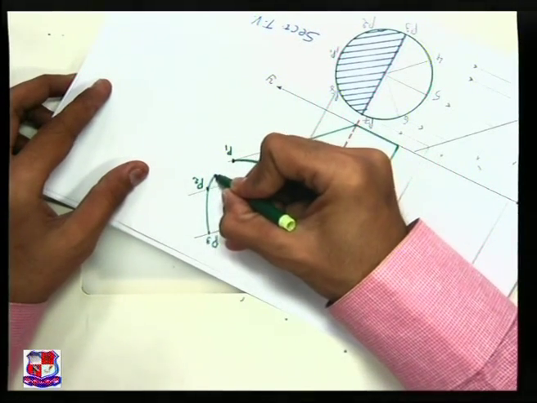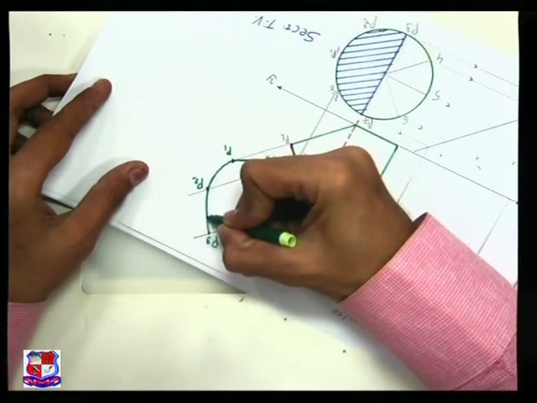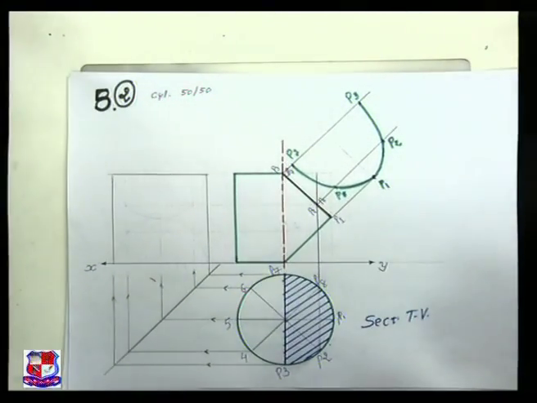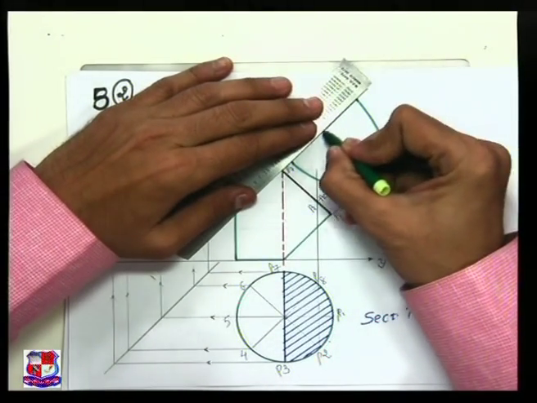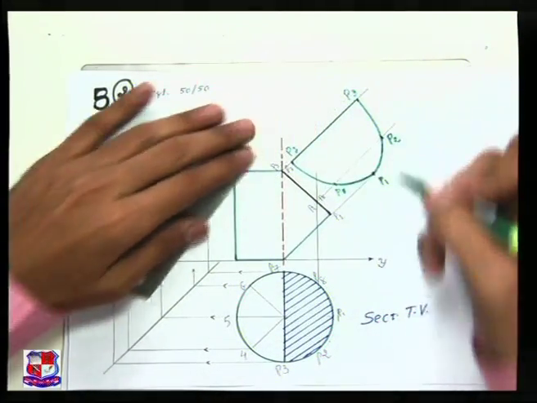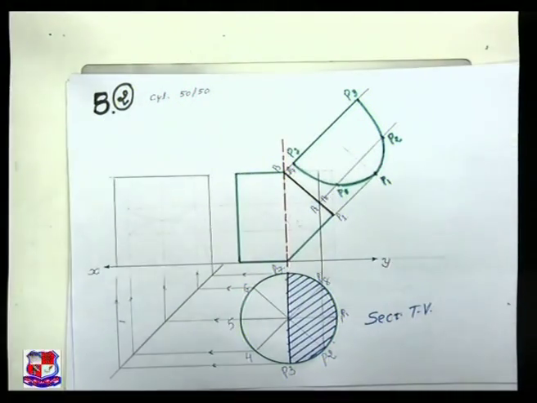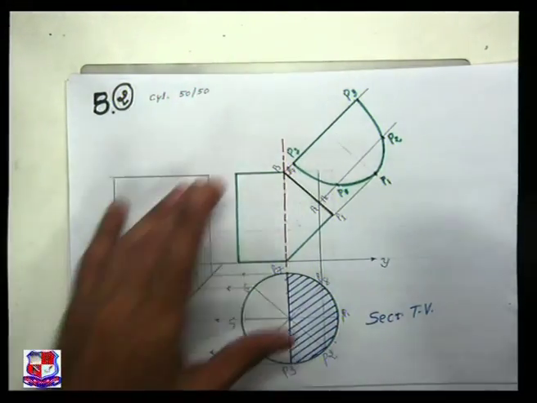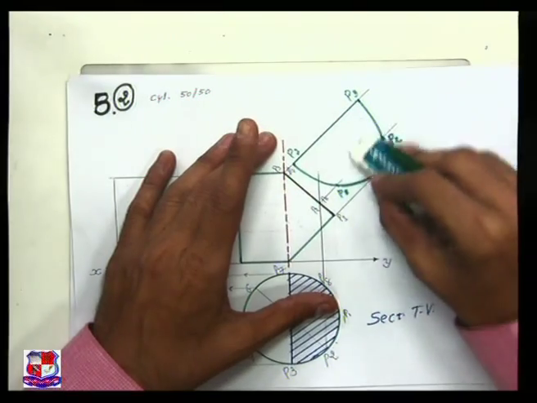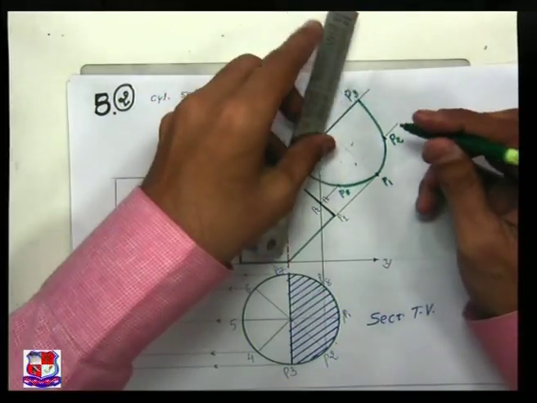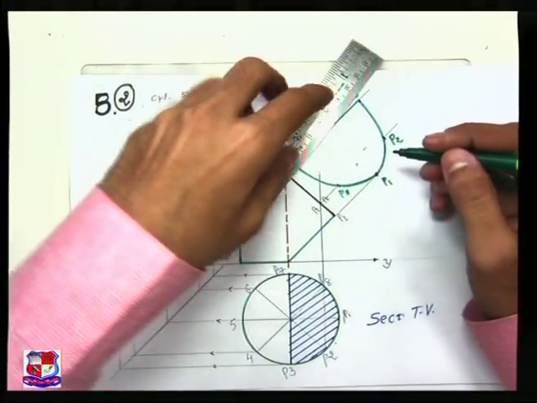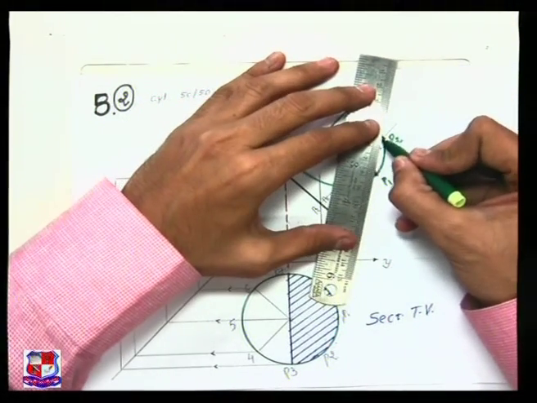This smooth curve would be like a parabolic shape, and here a straight line would be there, which is of course the diagonal of this cylinder. Erase these internal lines which are not necessary, and in this portion, in this parabola, draw section lines.